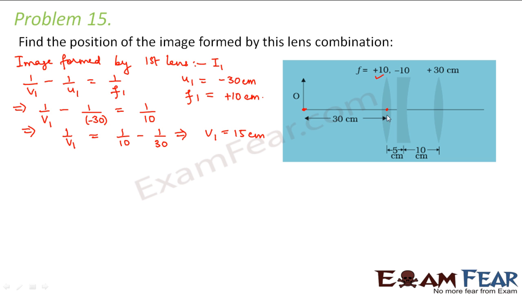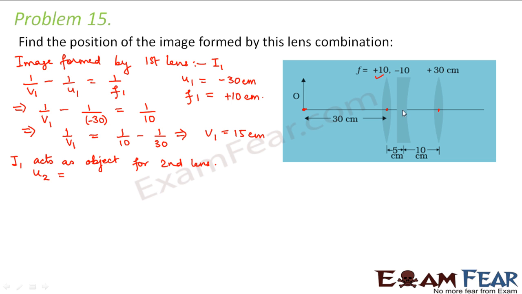So where is I1? I1 is located somewhere here. Now this I1 acts as the object for the second lens. So for the second lens, what would be the object distance U2? This is the second lens.